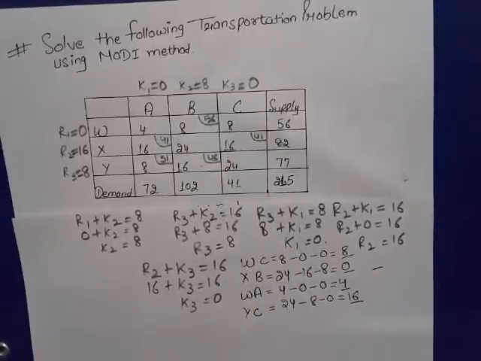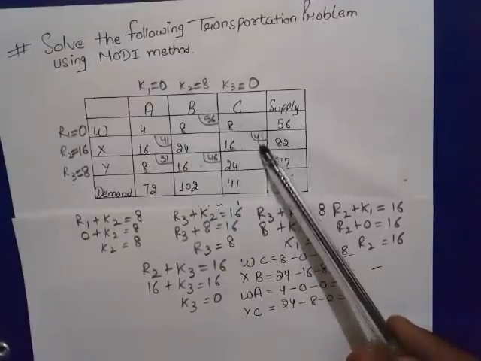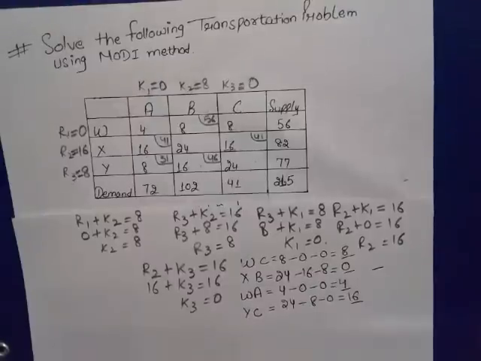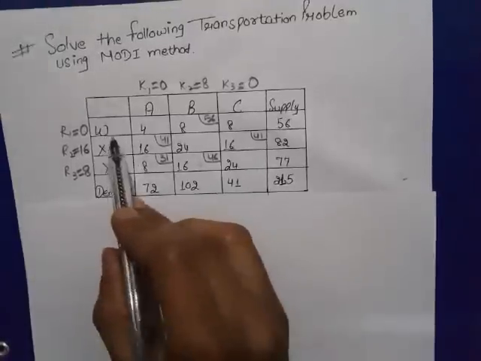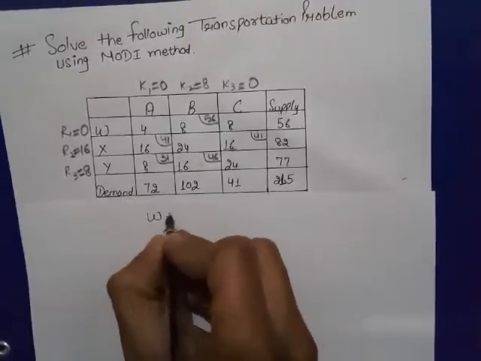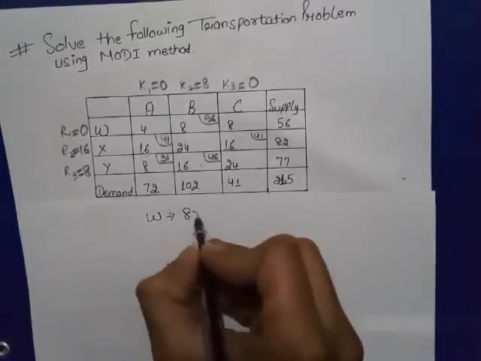So after that we have to calculate the total cost of transportation, which is the minimized cost of transportation. So calculate the total cost. For W, 8 into 56.